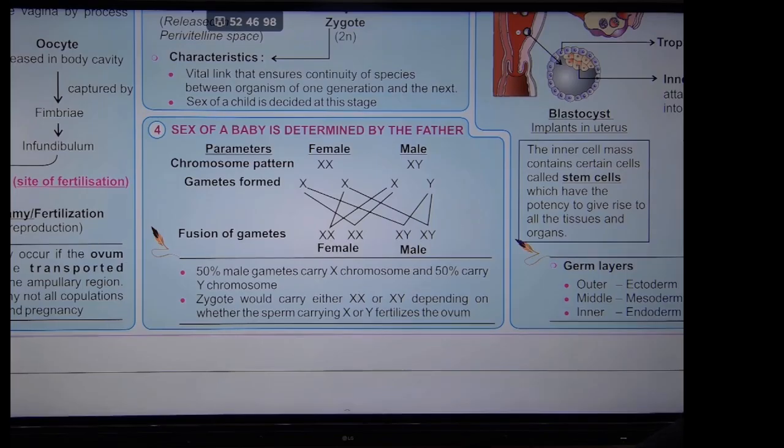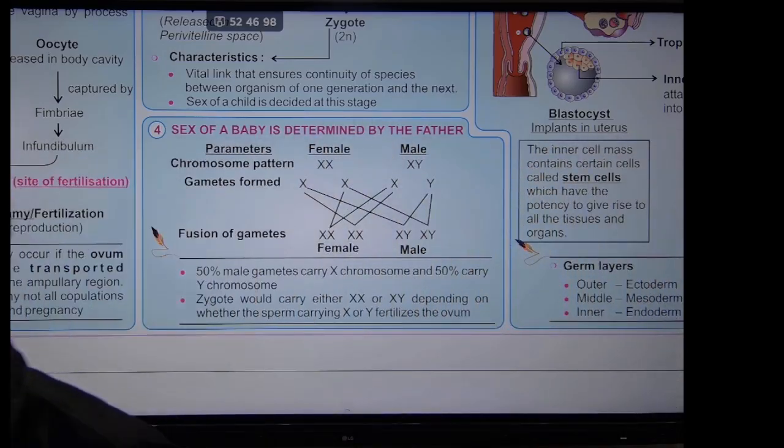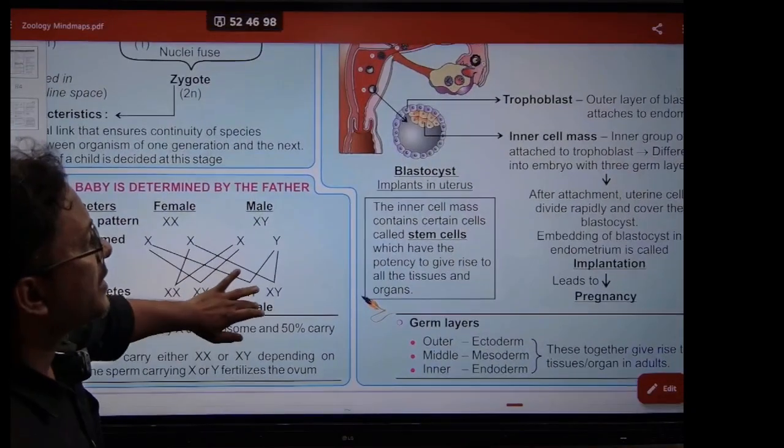The man, correct? How? If an X chromosome containing sperm fertilizes the egg, the resulting fetus will be a female. If a Y carrying sperm fertilizes the egg, then the resulting child will be male. So, it is scientifically correct to say that it is the man who is responsible for the gender, not the female. Clear now? Right.